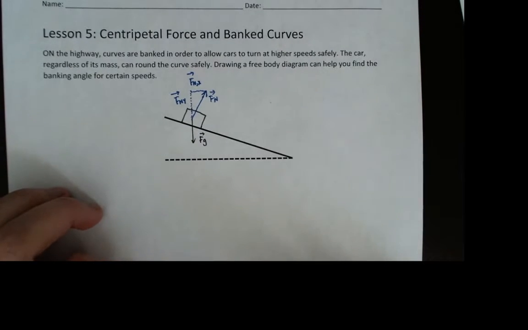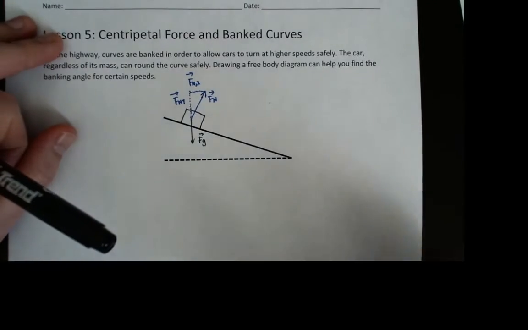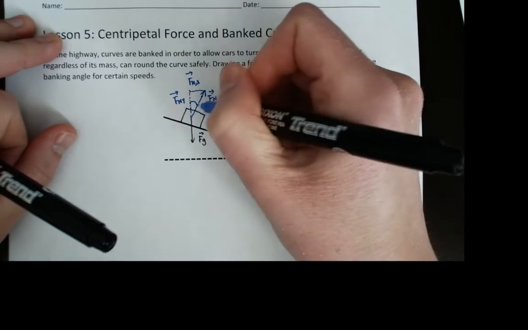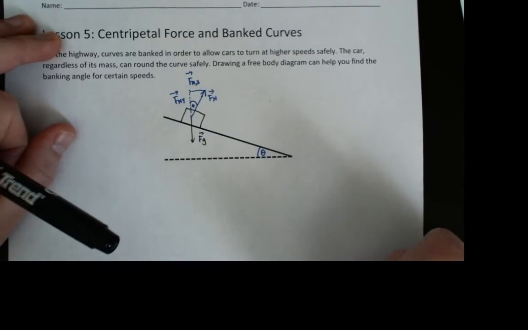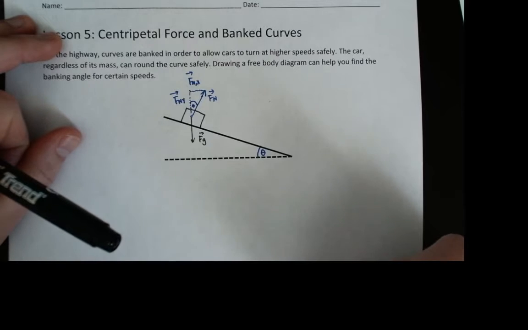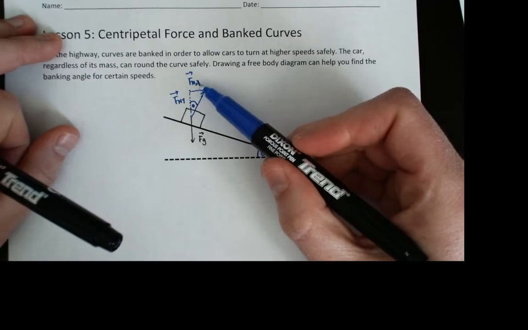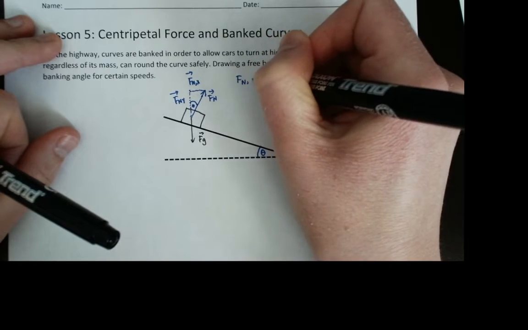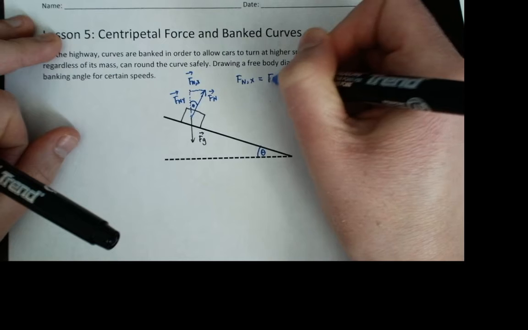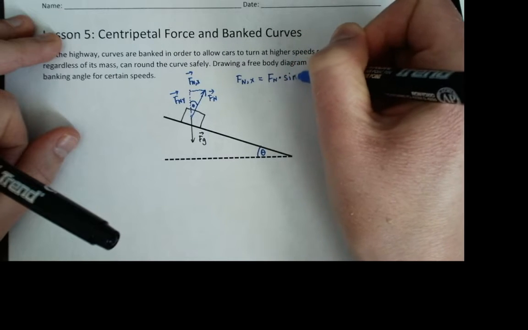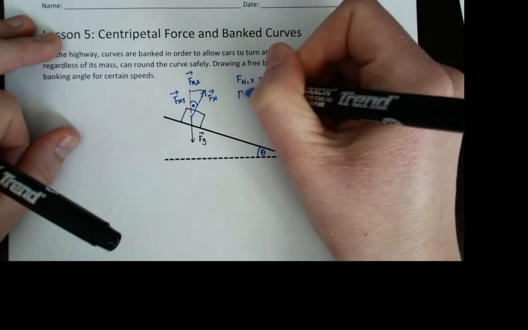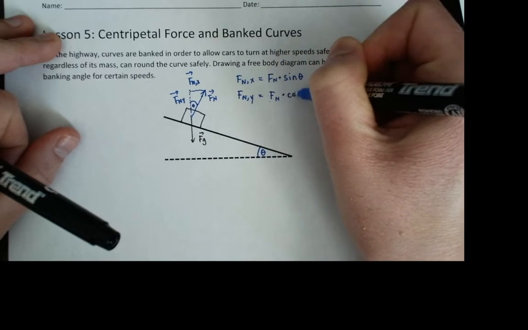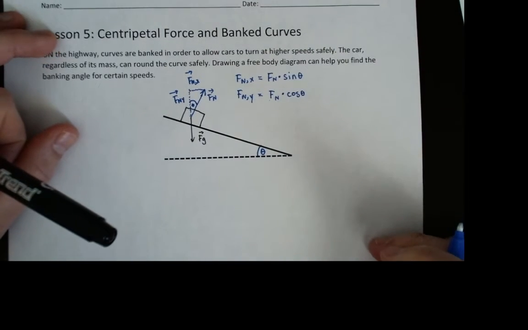If we were to figure out equations for those components, this would be theta, whatever the angle or the banking of the highway is. If we're dealing with Fnx, that's the opposite side, so we're going to be using sine. So the normal force in the x will be normal force multiplied by sine theta, whereas Fn in the y will be the normal force multiplied by cos theta.